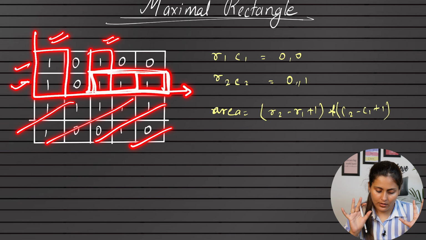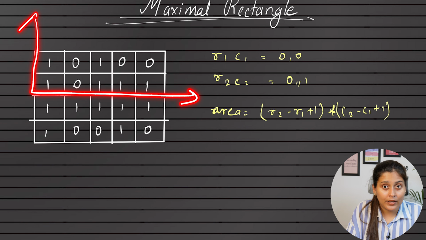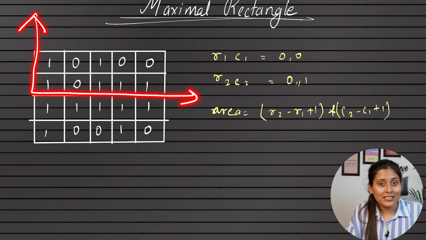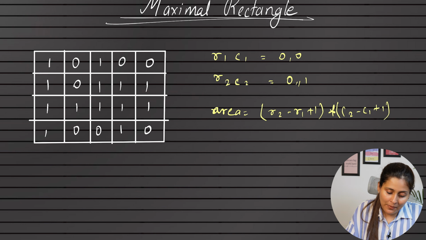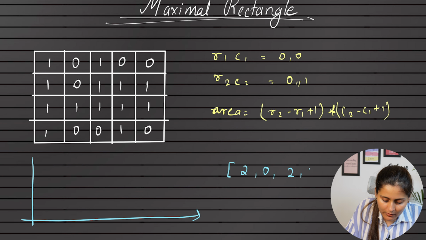Correct. But wait, why the first 2? We are going in the 2D matrix only, no? But maximal rectangle was only possible with 1D. If you see this logic, in maximal rectangle you just had an array of input like 2, 0, 2, 1, 1. That's it.